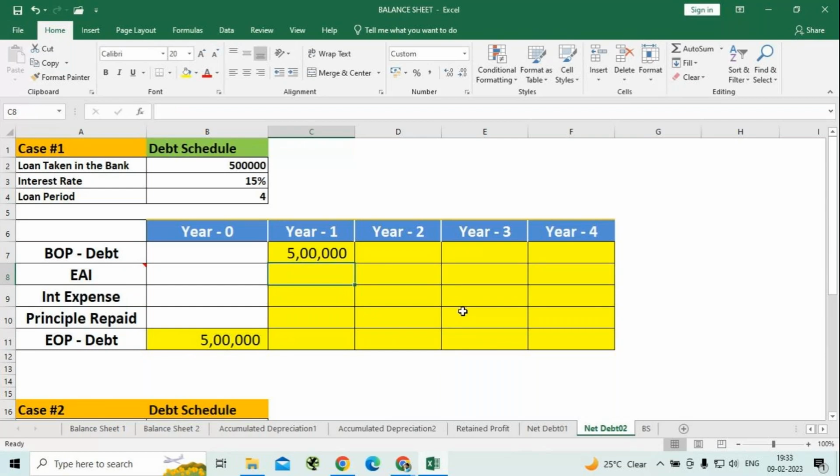Next we are going to calculate the EAI. We are going to use the PMT function.